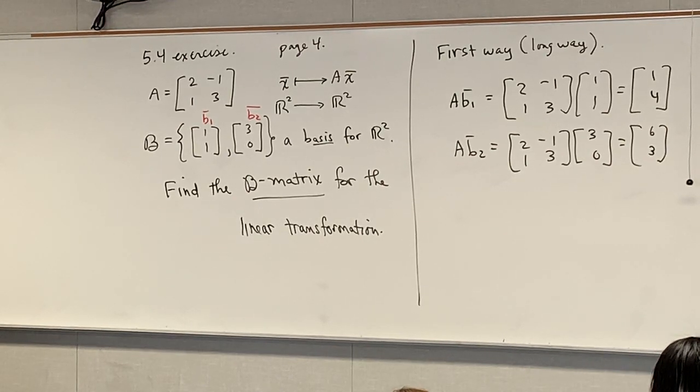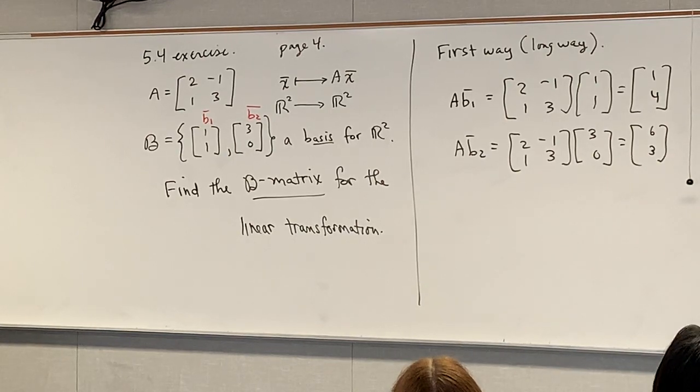See, the B matrix would be what you would multiply the B coordinates of a vector by to get the image vector's B coordinates. The B matrix would take you from B coordinates to B coordinates.